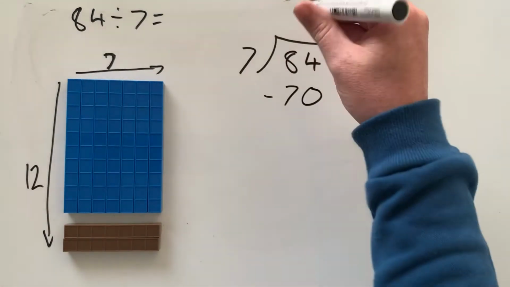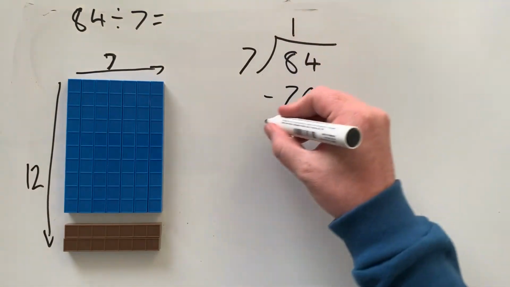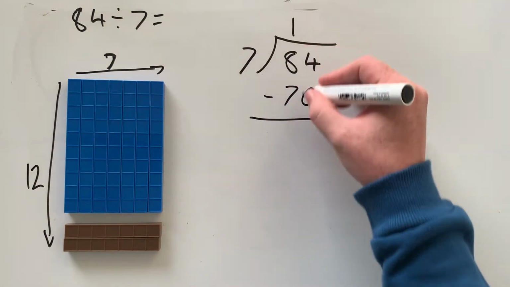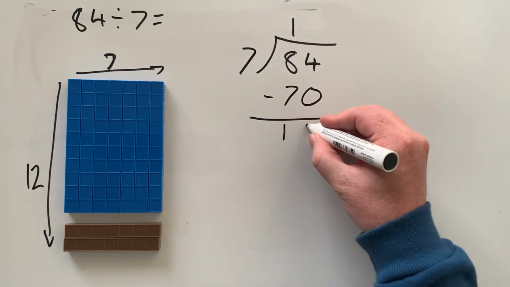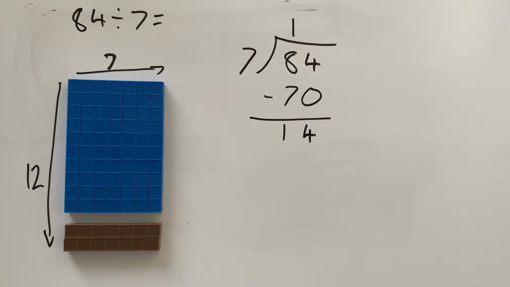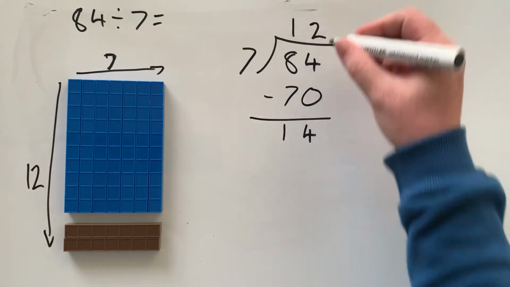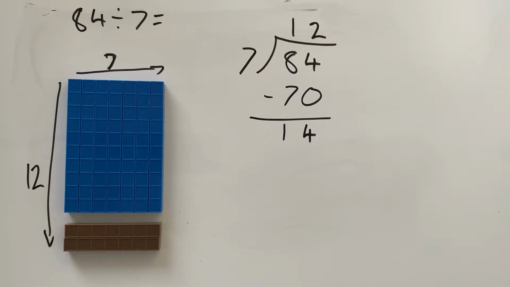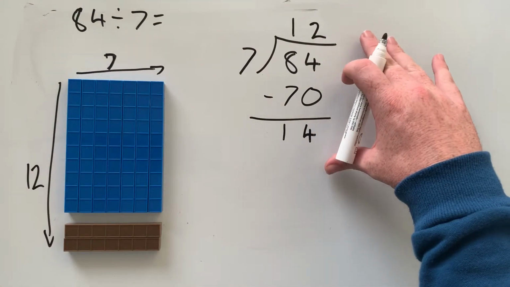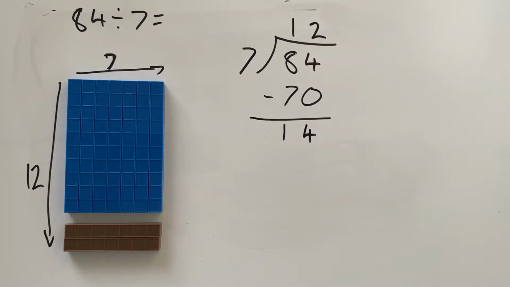So 7 fits in here 10 times. 84 take away 70 is 14. And 7 fits into 14 2 times. So there you can start to see the relationship between what we're doing in division and a little assistance for the long division algorithm.